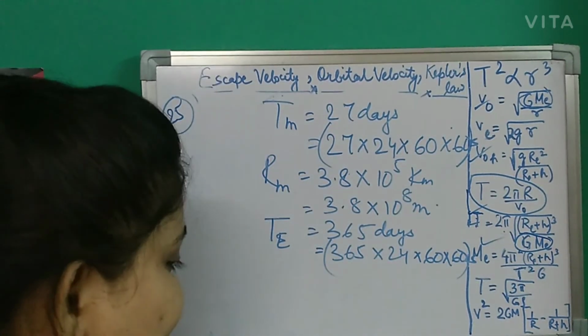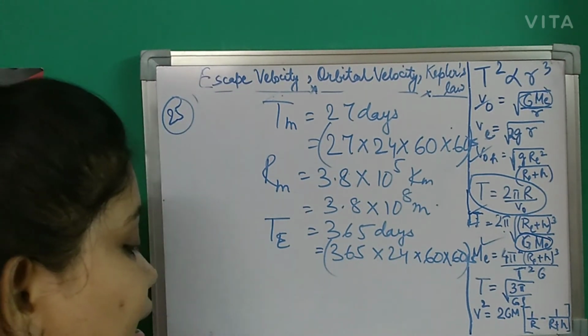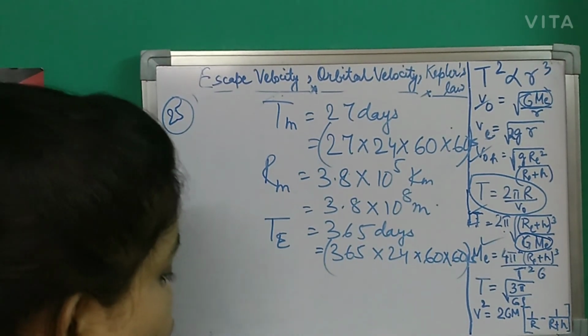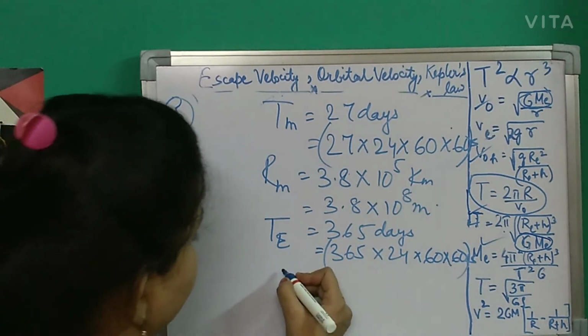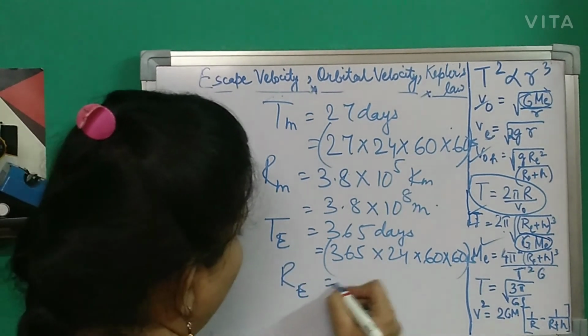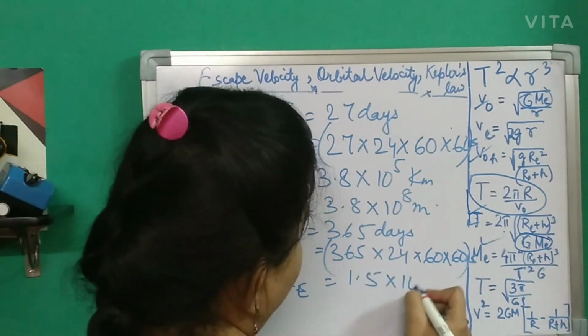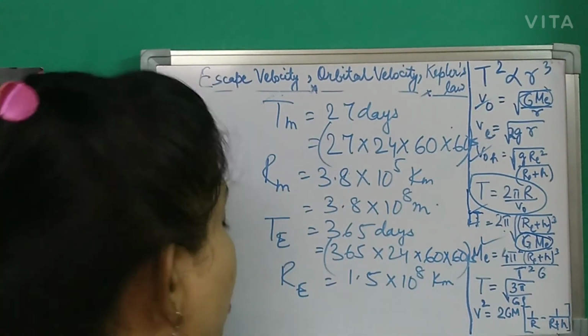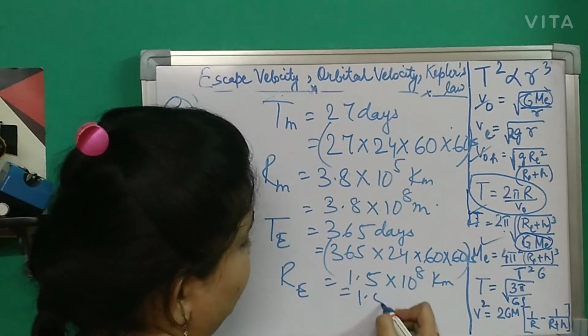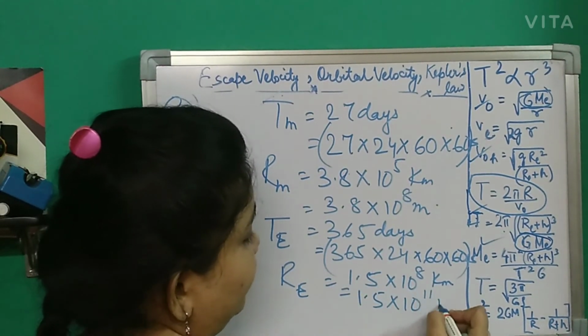What else is given? And the radius in an orbit of radius 1.5 into 10 power 8 kilometer. You can convert this also into meter: 1.5 into 10 power 11 meter.